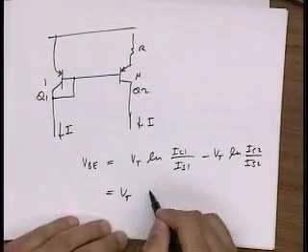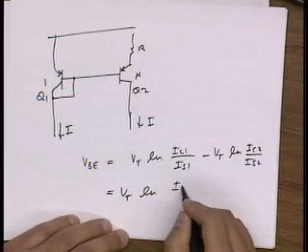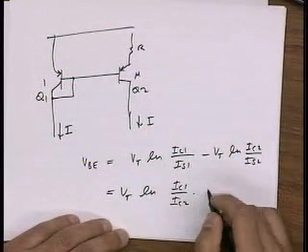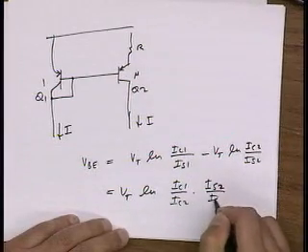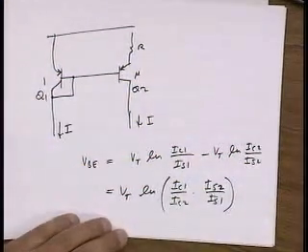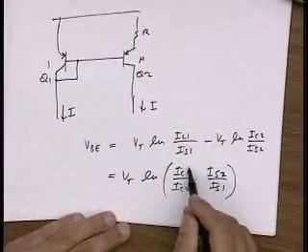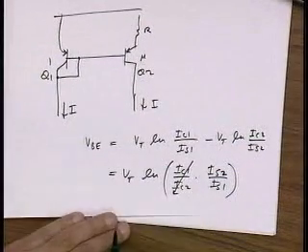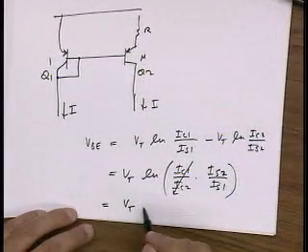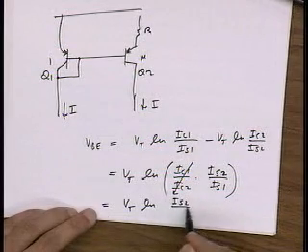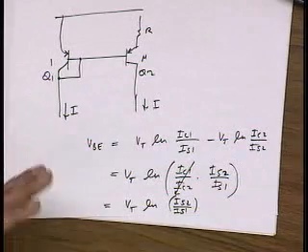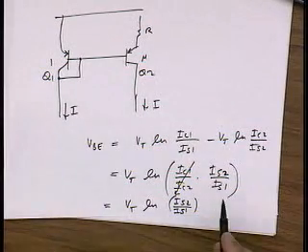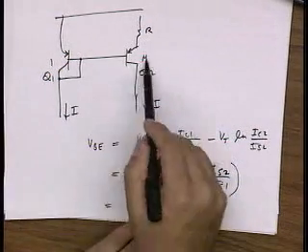And if I just collect terms here, that's log of IC1 over IC2, IS2 over IS1. And the current mirror forces equality here, so this term goes away. And so we have VT log of IS2 over IS1. So what's IS2 over IS1? It's just M. It's this factor M.